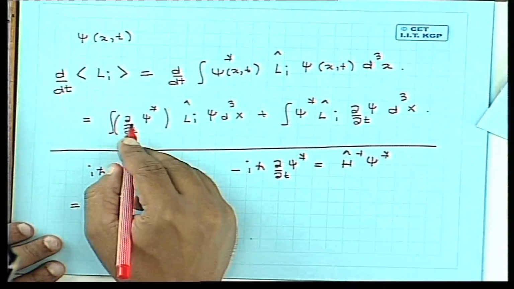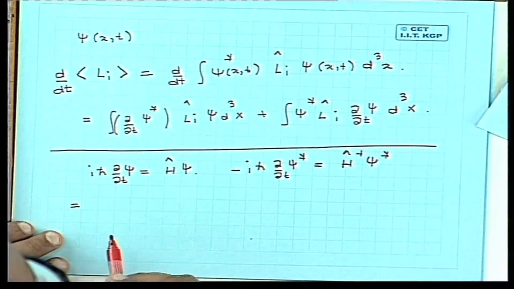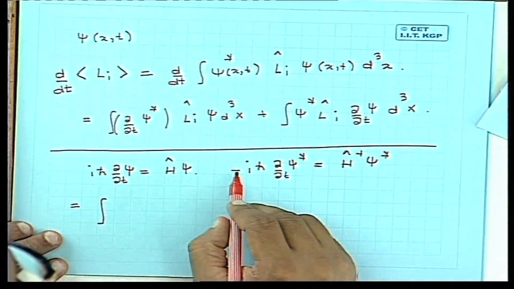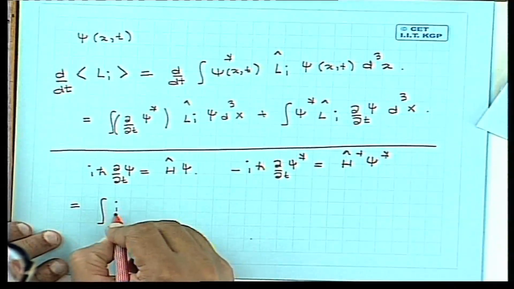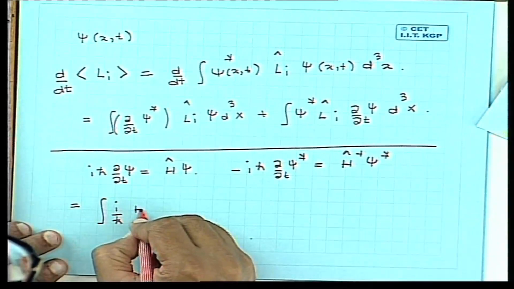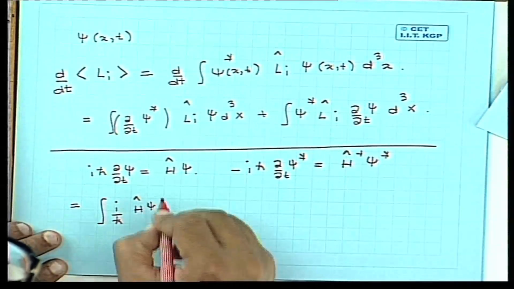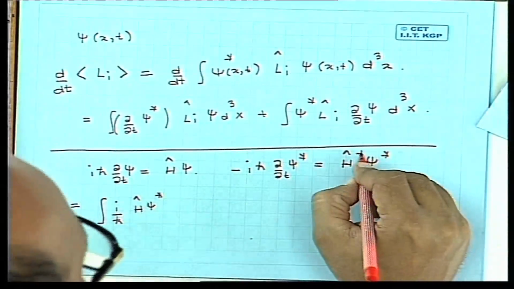So what this gives us, del by del t of psi star, is equal to i by h cross into the Hamiltonian acting on psi star.